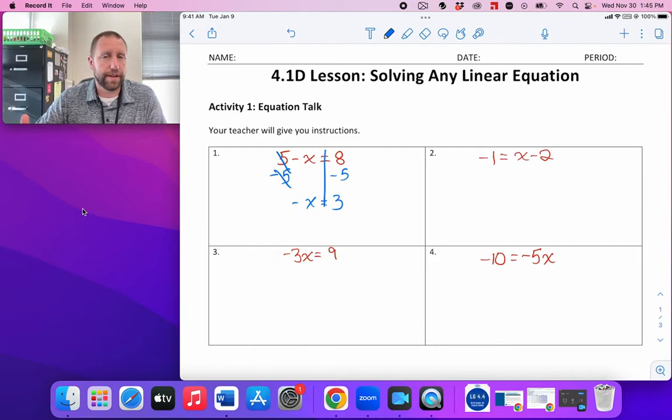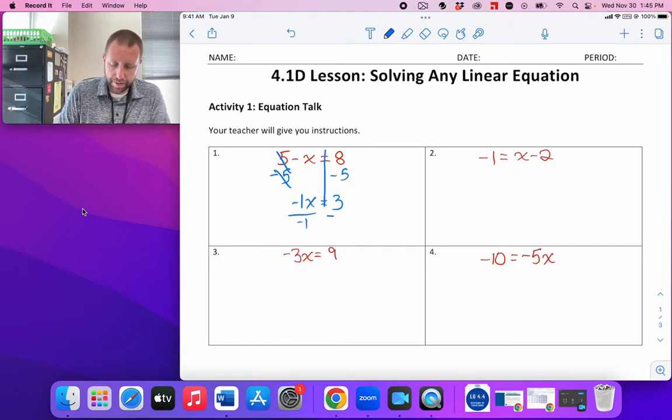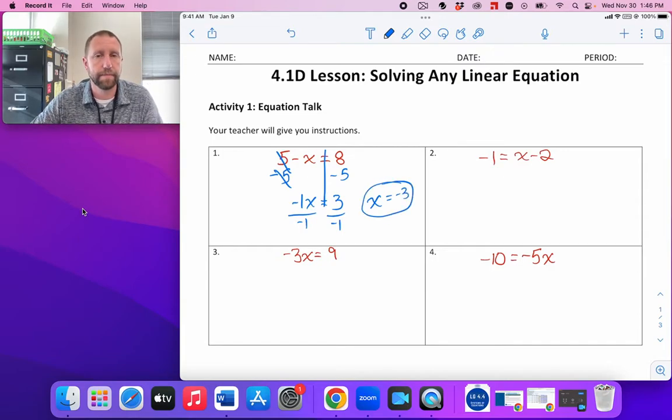Negative x equals 3. That's what this says right now, right? Well, remember, if there's no number written in front of a letter, there's really a 1 there. So this is really negative 1x. And my last step would just be to divide both sides by negative 1. Okay, that gets me x equals negative 3, because 3 divided by 1 is still 3, but since it's a negative 1, that's a negative 3.